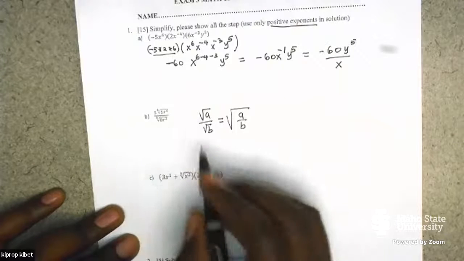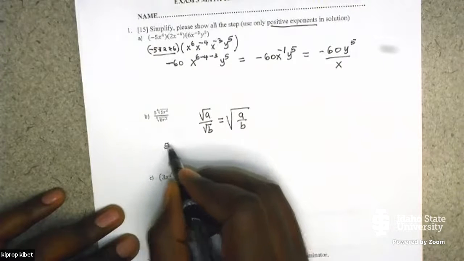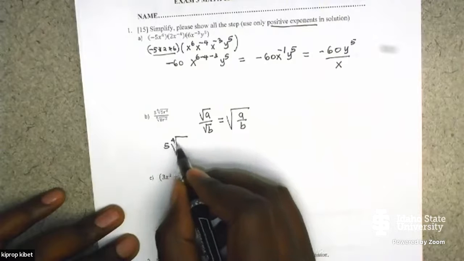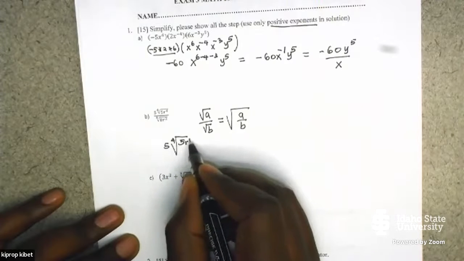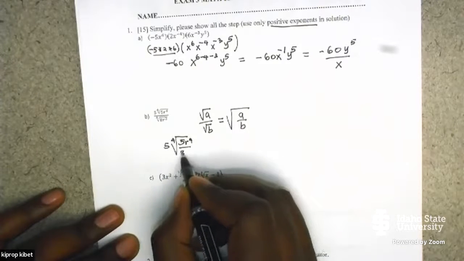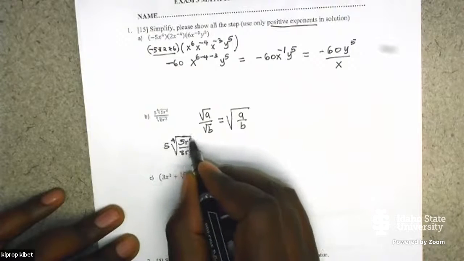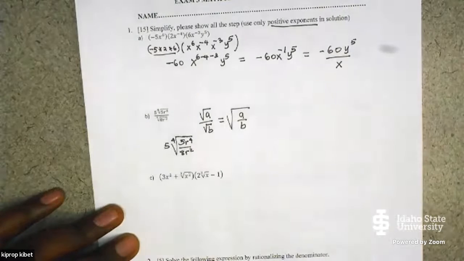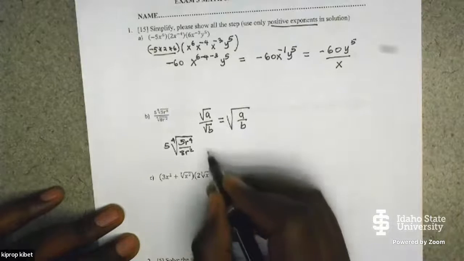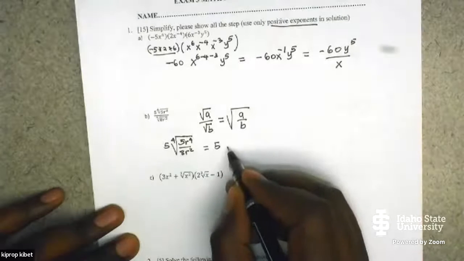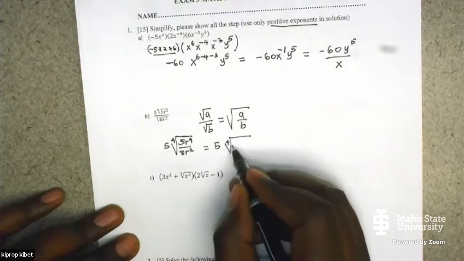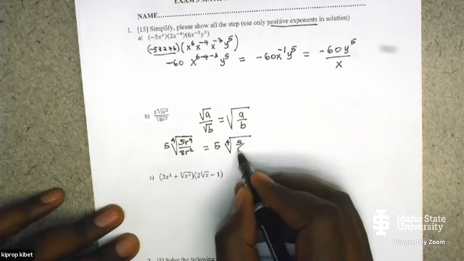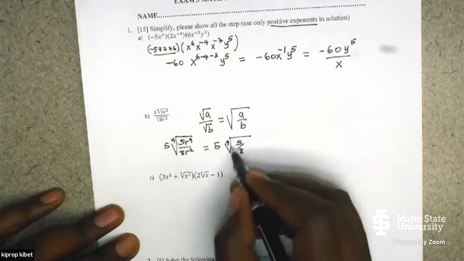So it is similar to 5 times the fourth root of 5r raised to 4 all over 8r. Very similar to that. Which you can still write as 5 times the fourth root of 5 all over 8.